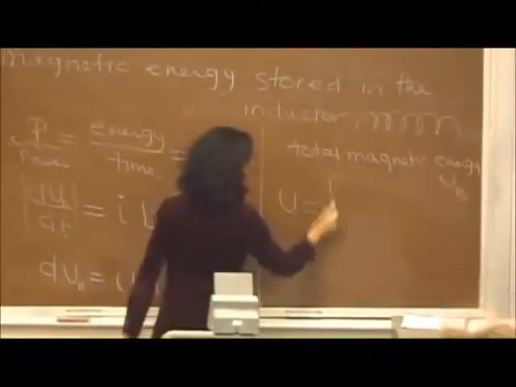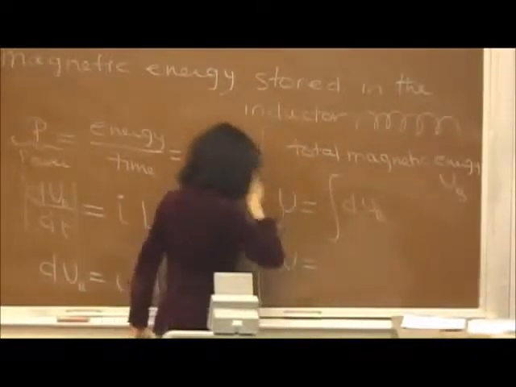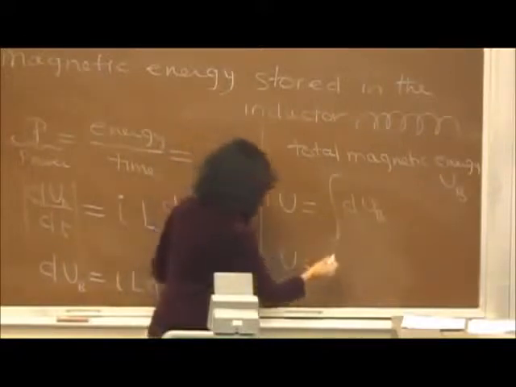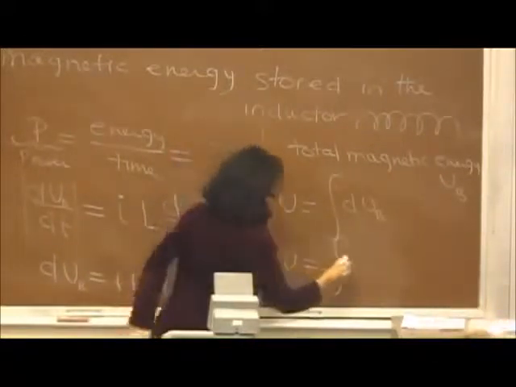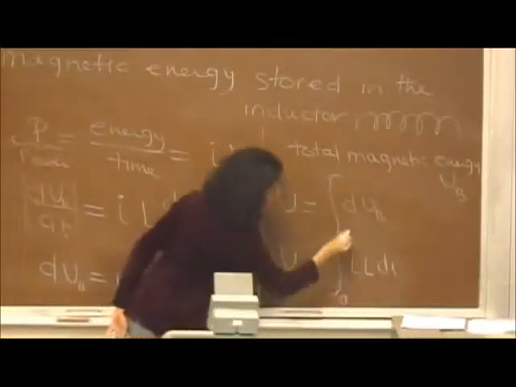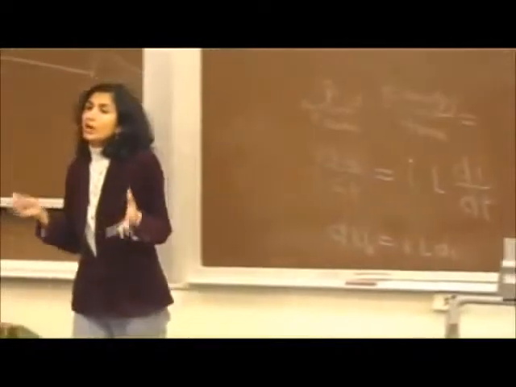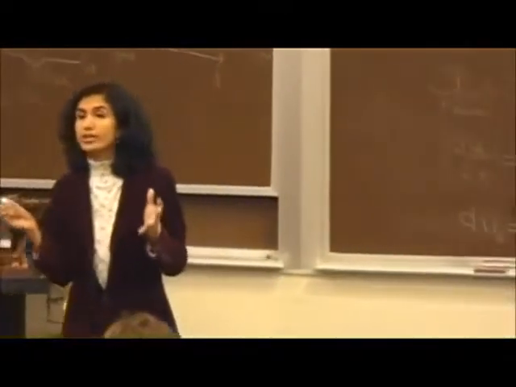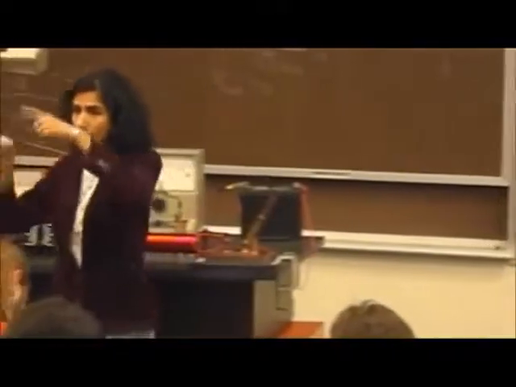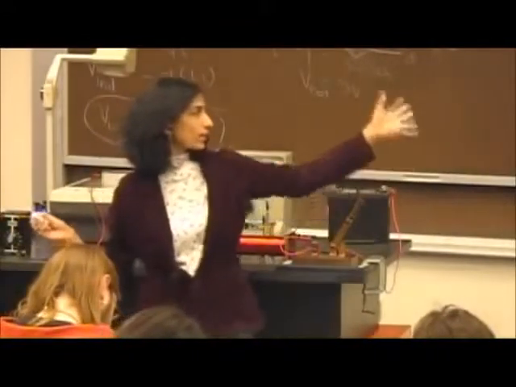So U will be equal to the integral of dU sub B, which is the integral of I L di, from, let's say, 0 current to some current I. So we are trying to figure out how much magnetic energy is stored in this coil or solenoid or inductor if the current goes from 0 to some current I.